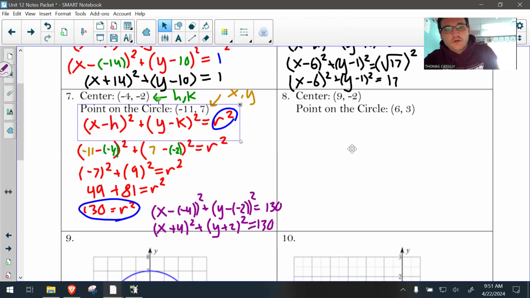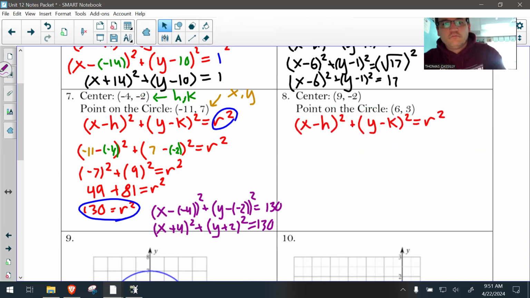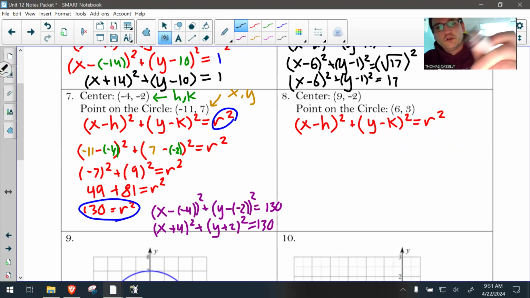All right. So on the next one, I'm just going to take this equation and put it over here, and then I'm going to fill in everything that I know. Let's see if we can do this all in one go. The x of the point on the circle is 6. h is that first value in the center, so 6 minus 9, squared, plus the y value is 3, and then the k value is -2, squared.